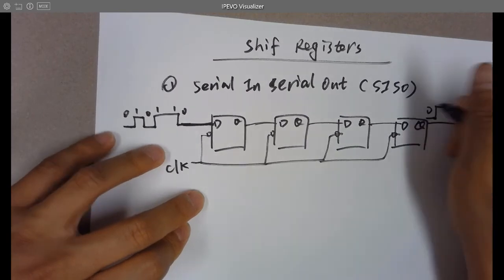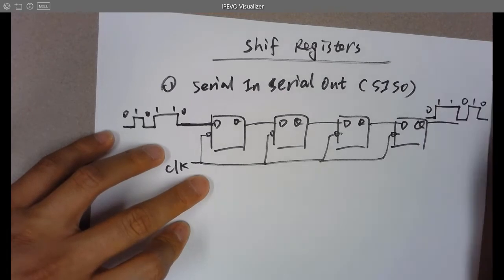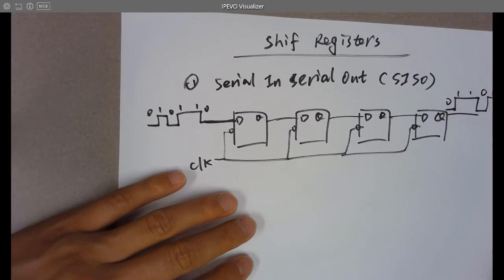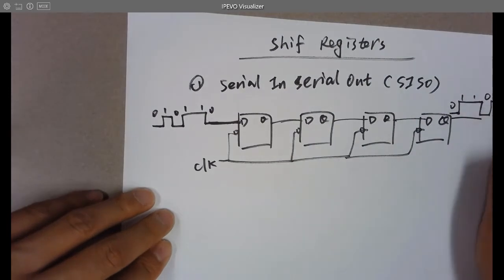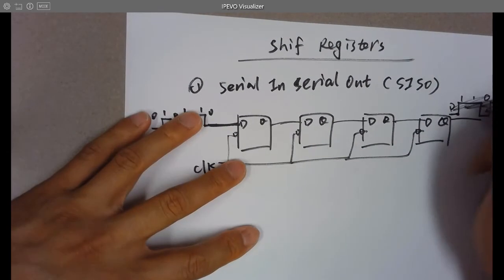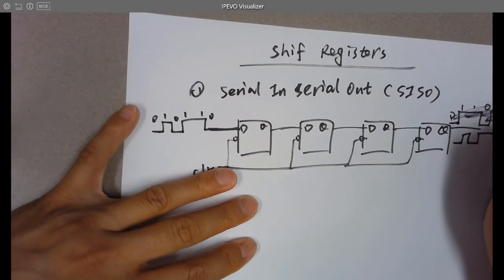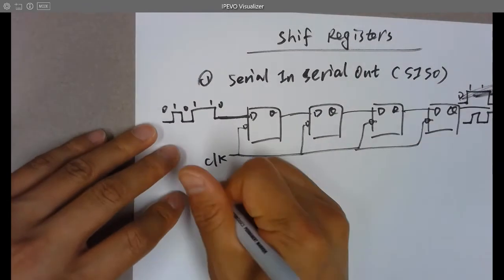So you will see something like this later on. No, actually not mirrored, because all the signals that are in first, you'll see the same order. It won't be mirrored. Same stuff. You'll see that at the output.